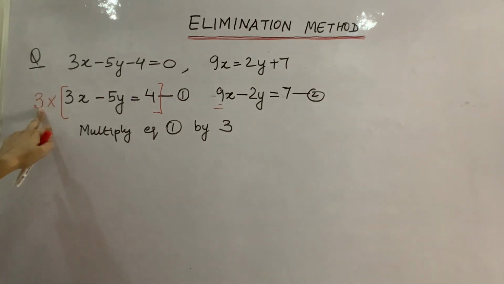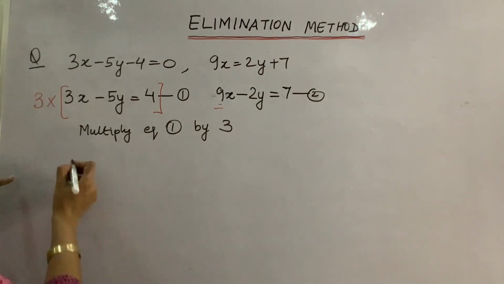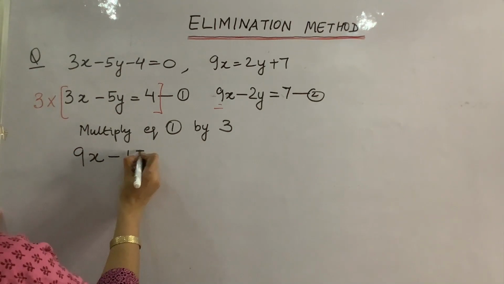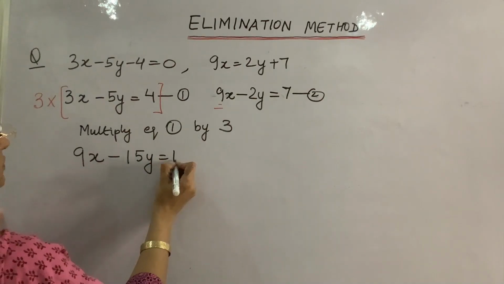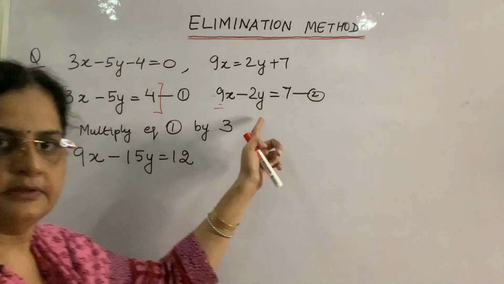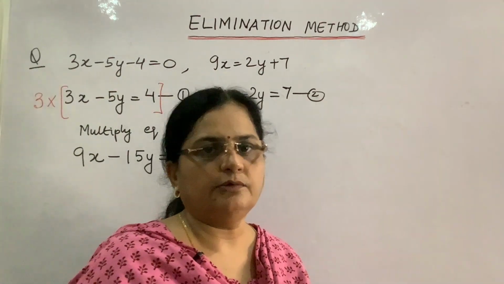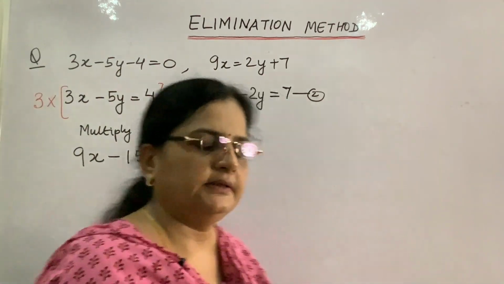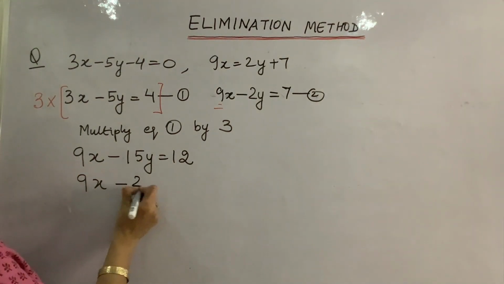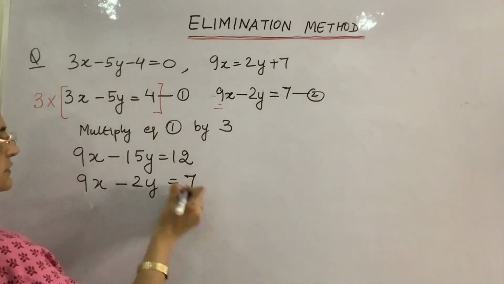Multiplied by 3, so you get what? 3 3s are 9x minus 15y is equal to 12. And second equation, are we required to do anything in the second equation? No, copy it as it is. So this becomes 9x minus 2y is equal to 7.